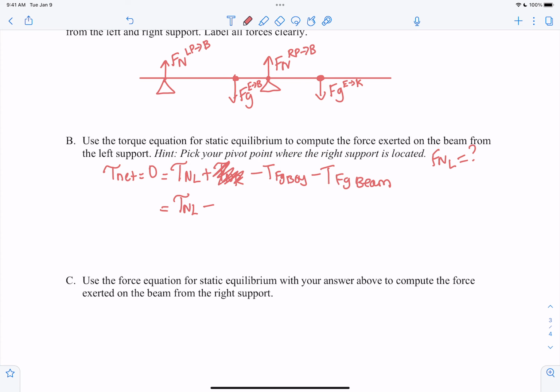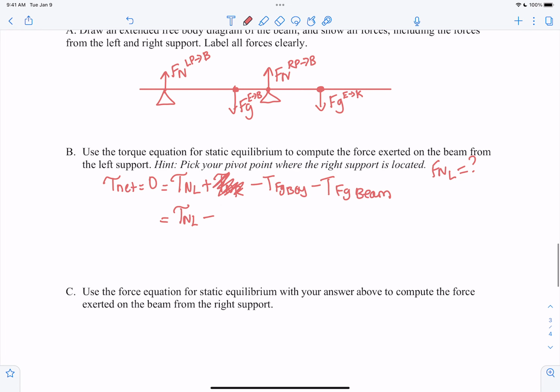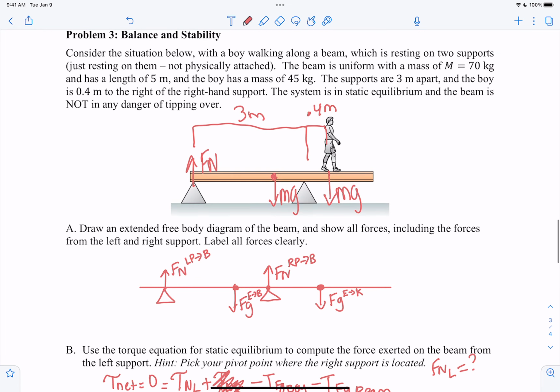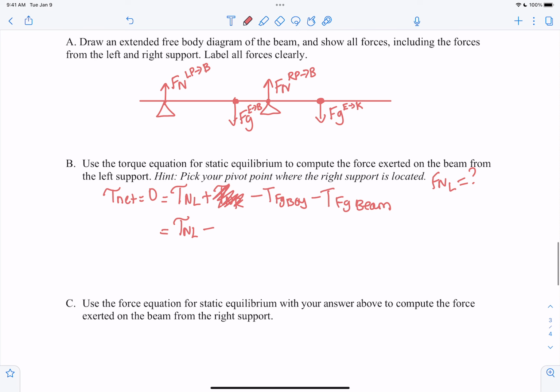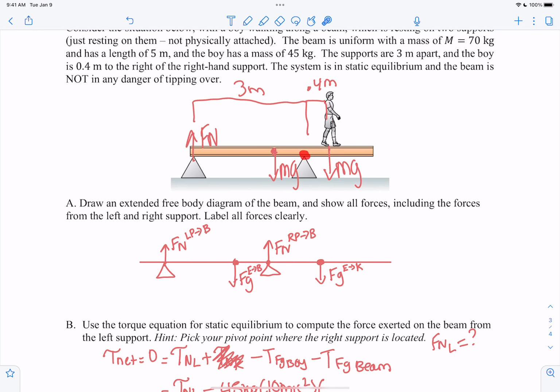This should just be equal to the weight of the boy, which is 45 kilograms times 10 meters per second squared, times how far he is from the right support. He's 0.4 meters away.